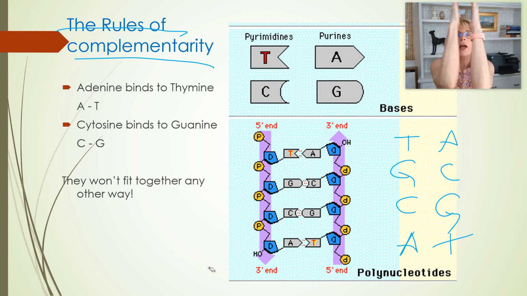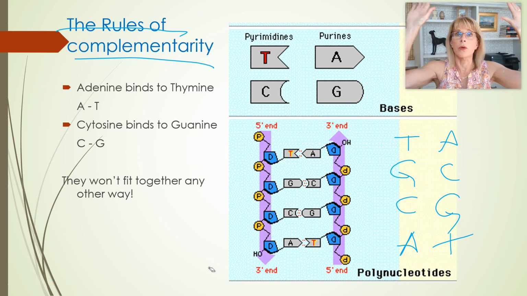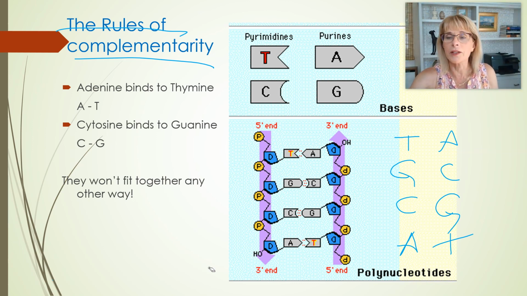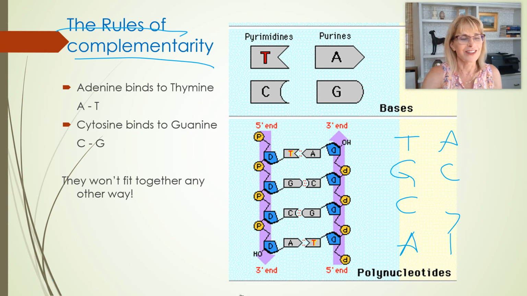So what do they do? They just separate the two sides like we did with our pot and our mold. And then they will use one side like this one right here to make a perfect copy of this. And by the way, they're going to use this side to make a perfect copy of that.